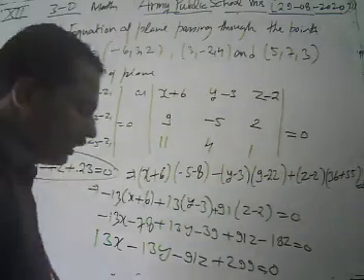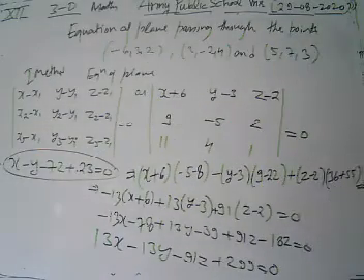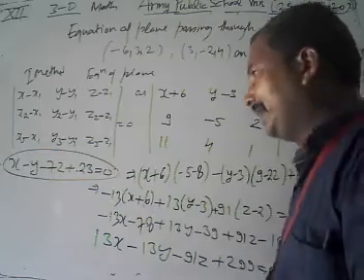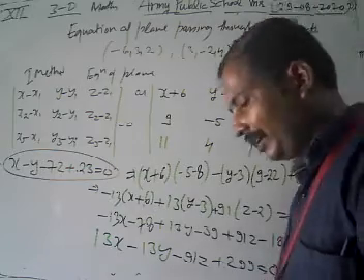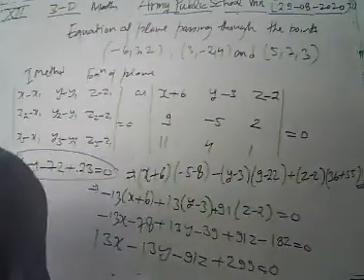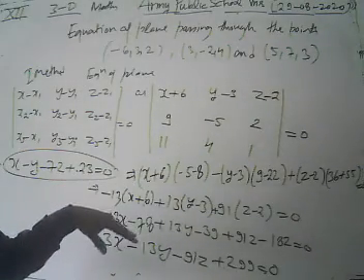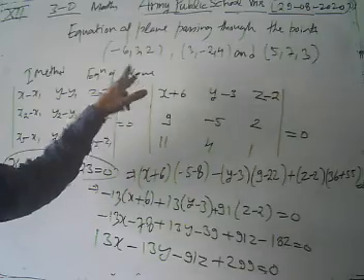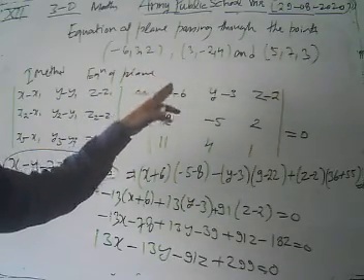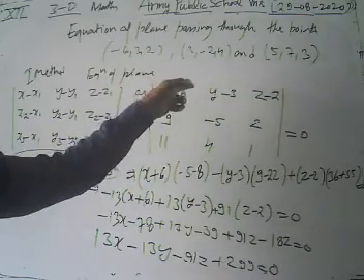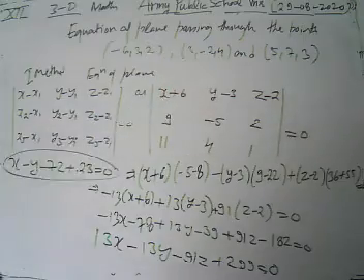This is our required equation of plane in the Cartesian form. x minus y minus 7z plus 23 equal to 0. This is our Cartesian equation of plane passing through 3 non-collinear points, minus 6, 3, 2, 3, minus 2, 4, and 5, 7, 3.